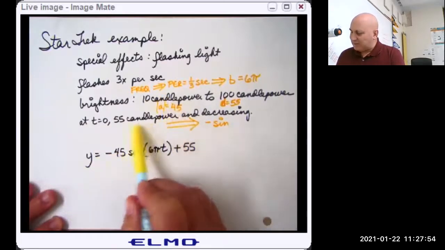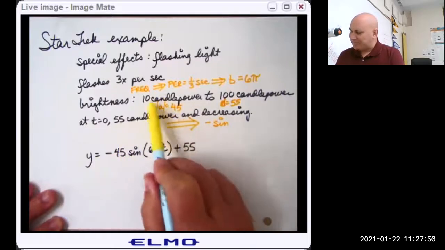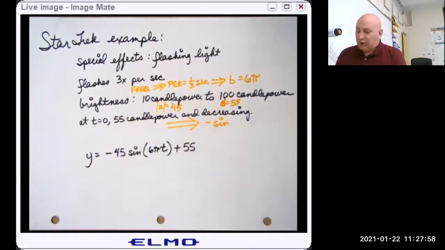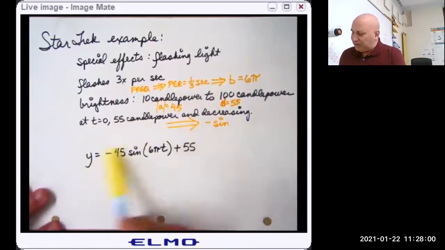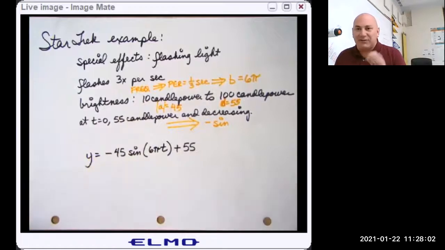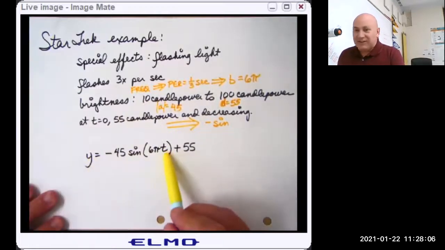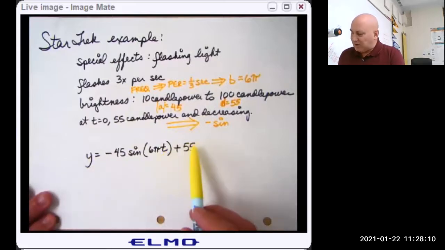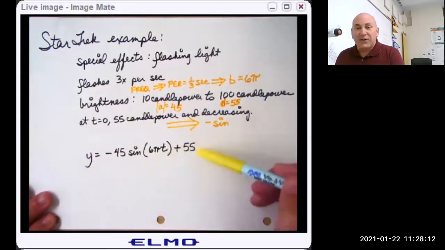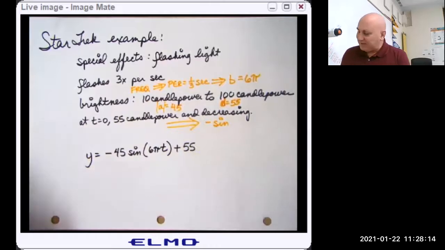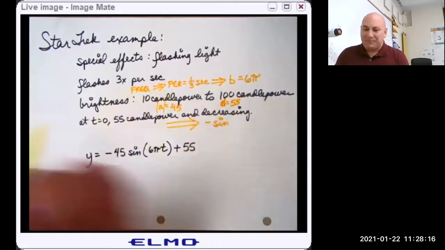There it is, the minimum. So I can use this function to say, what is the brightness of the flashing light so many seconds after we start? And it turns out this function will tell us the brightness in candle power.